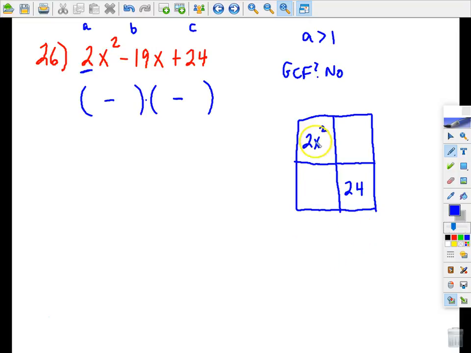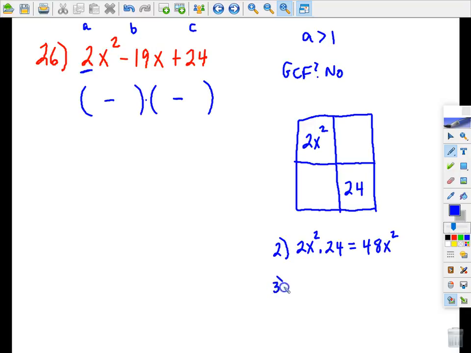Okay, so step one, take the first and the last and place them in these two squares. Okay, step two, let's multiply those together. Just take those two terms that you wrote down in the box and multiply them together.